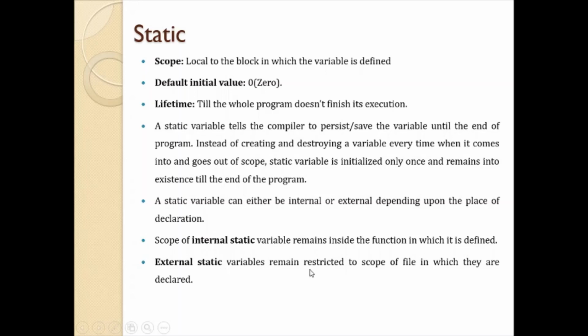External static variables remain restricted to the scope of the file in which they are declared. So suppose in one file you have declared an external static variable; its scope will be restricted to that particular file.